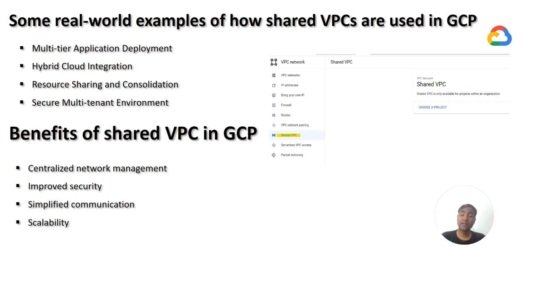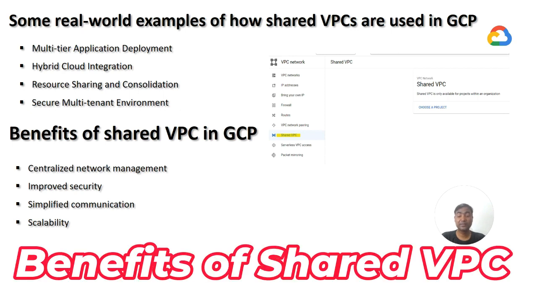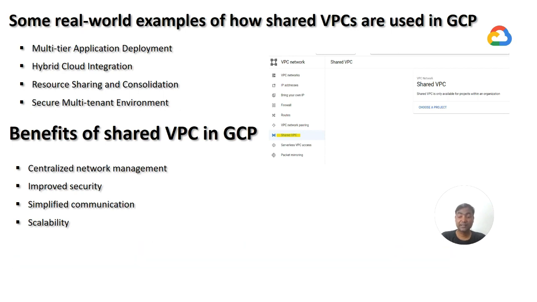Now guys, I'll guide you through some benefits of shared VPC in GCP, like centralized network management: manage network resources for multiple projects from a single location, streamline administration, and ensure consistency. Improved security: resources communicate privately using internal IP addresses, reducing the attack surface and minimizing data exposure.